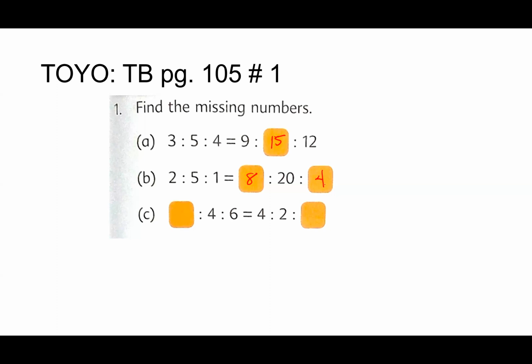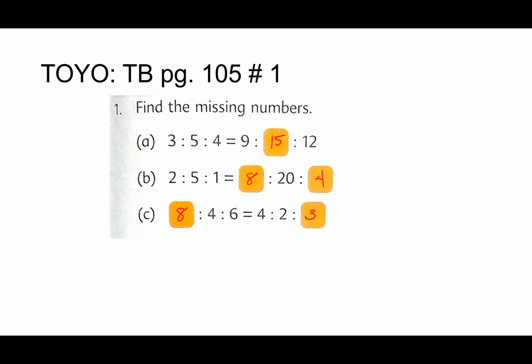All right, letter C. What to 4 to 6 is the same as 4 to 2 to something? What is this one, Charlie? 8 to 4 to 6 goes with 4 to 2 to 3. Great job. Did anybody struggle with those? You guys seem to really have a pretty good handle on those. If you were struggling, how can somebody who got those right explain to us how you went about finding the missing numbers?